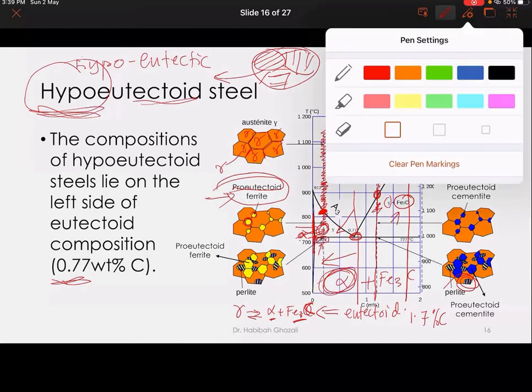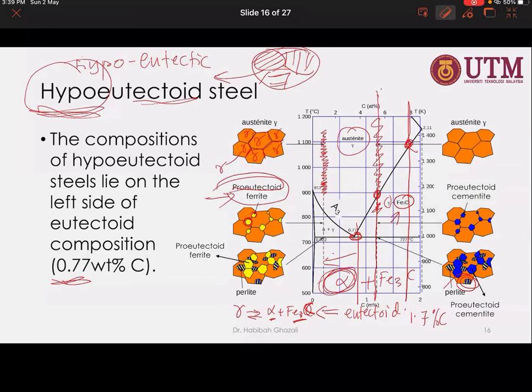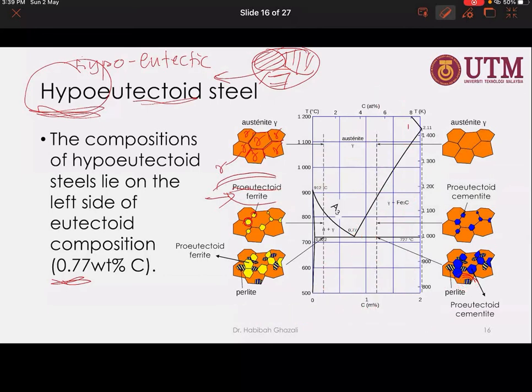For this case, for example, 0.3% carbon steel, whatever new phase forms at this point is called proeutectoid. Proeutectoid will form at the grain boundary.